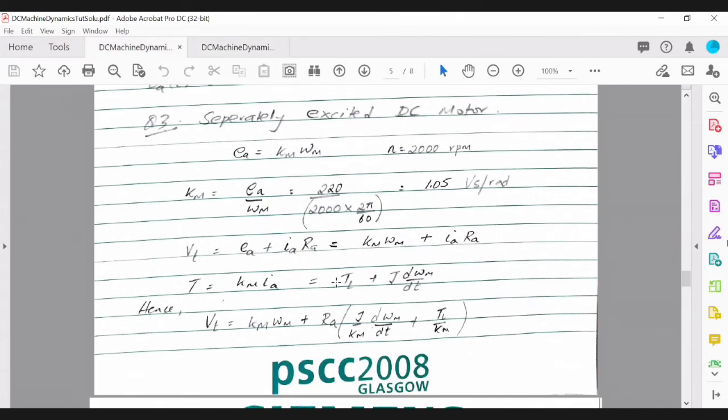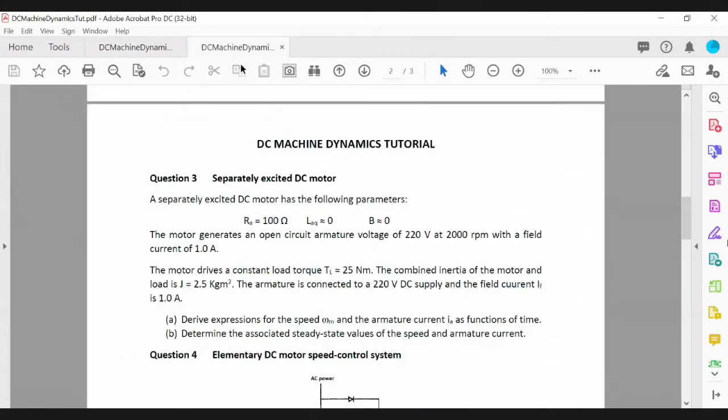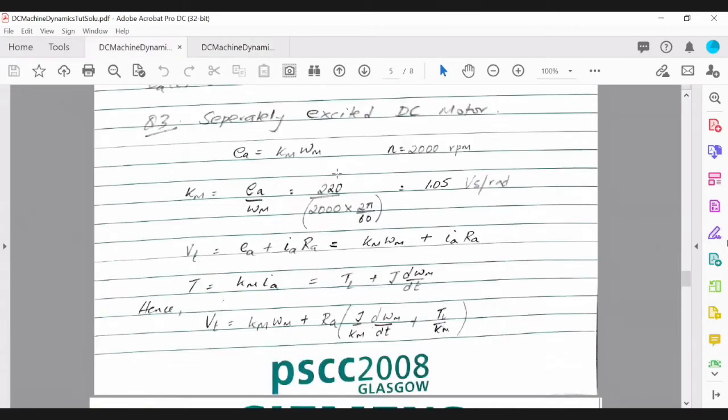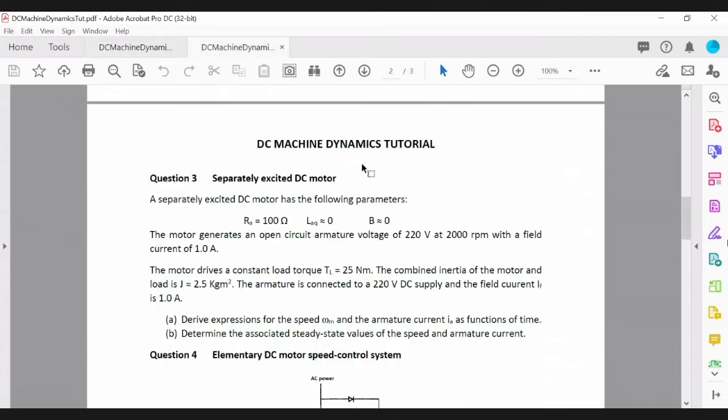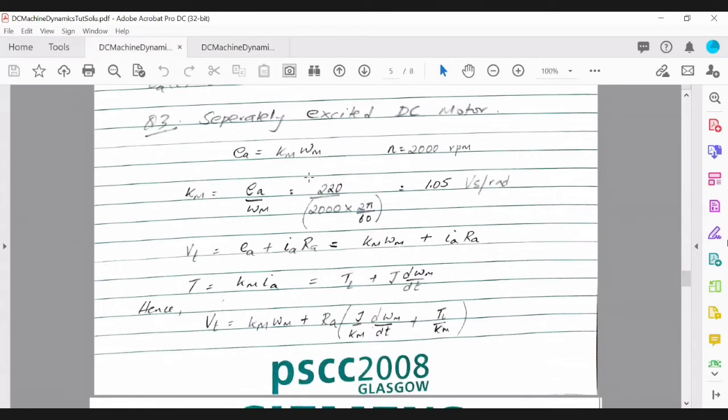So we'll start with the basic equation for a DC motor, where your induced voltage is proportional to the speed of the motor. Right, so we know what is the applied voltage to the armature. The armature is connected to a 220 volt DC supply, so that's 220, and we know that the speed is 2000 RPM, so we can basically work out what is Km.